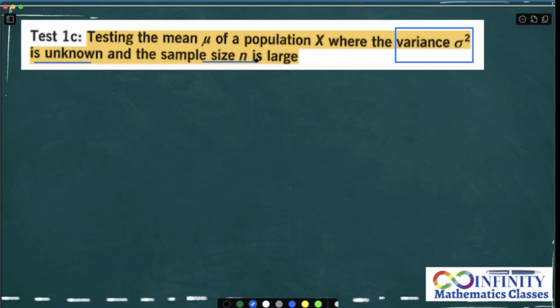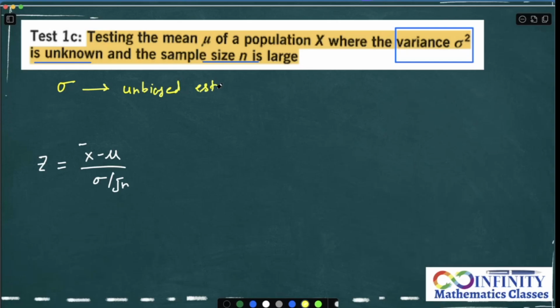So we need to somehow find a variance, because I'm going to apply the same formula, Z equals x bar minus mu over sigma upon square root of n. Everything will be the same, but this time I do not have variance. So in place of sigma, we use an unbiased estimate of sigma.